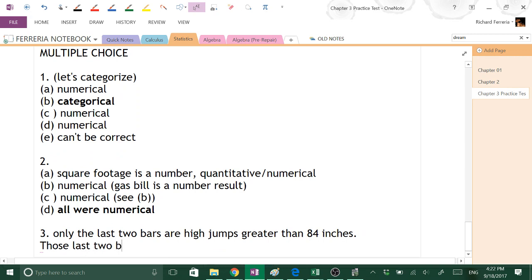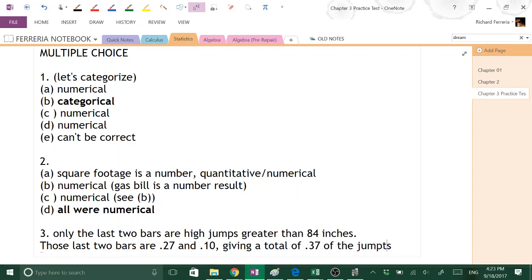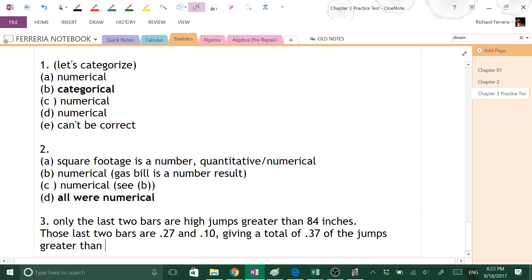Those last 2 bars are about 27 and about 0.1, giving a total of 0.37 of the jumps greater than 84 inches.